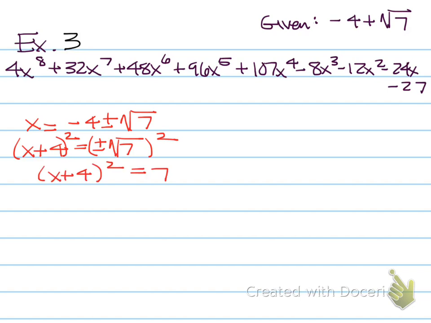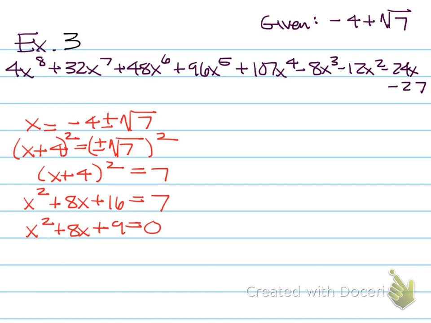When I square the x plus 4, I get x squared plus 8x plus 16. And then the square root of 7 squared is just going to give me 7. It doesn't matter whether the square root is positive or negative. Anytime you square a number, it's going to end up positive. And then lastly, subtract 7 from both sides, and we get the depressed polynomial that contains those two roots, -4 plus and minus root 7.